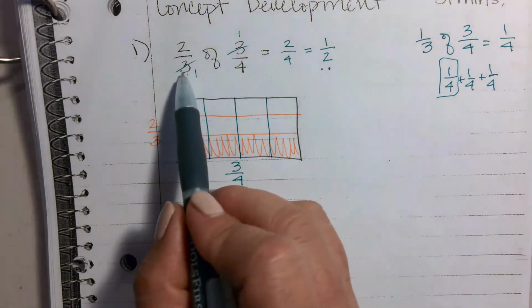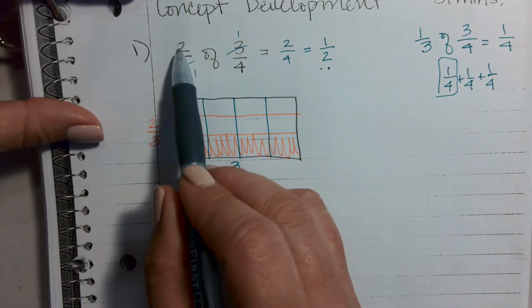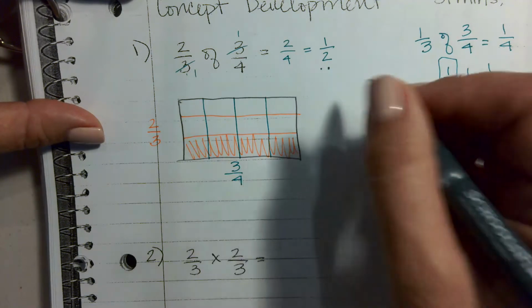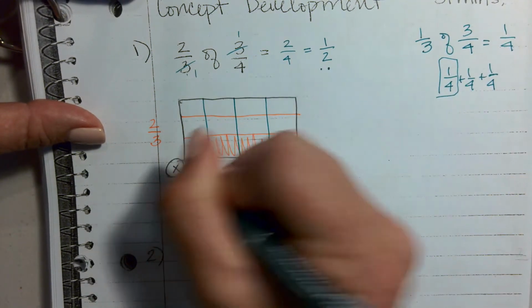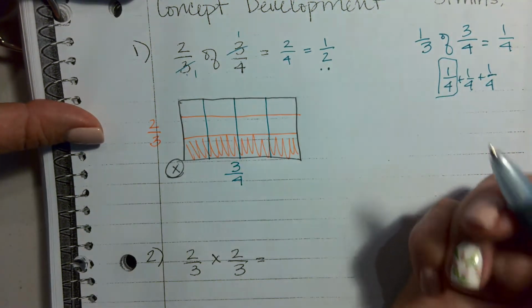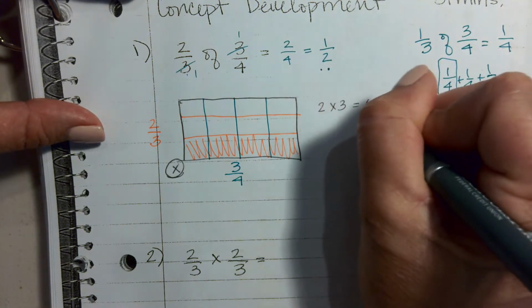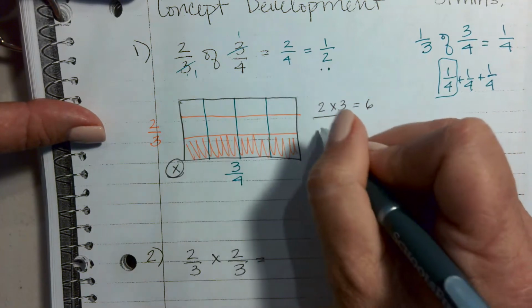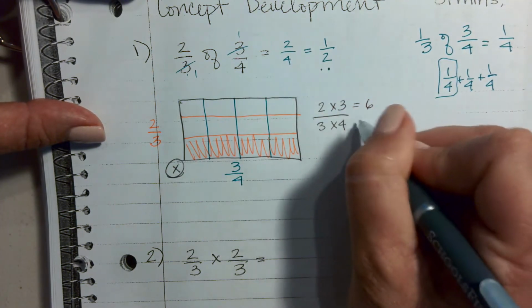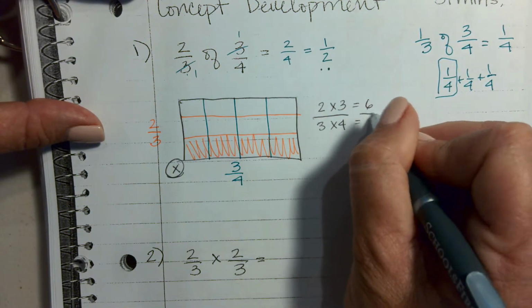If we go back up here, if we multiply 2 times 3, remember, this is multiplication, and this is also considered an area model. So 2 times 3 equals 6, right? And 3 times 4 equals 12, right?